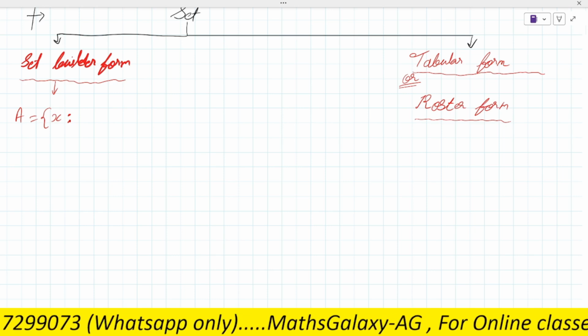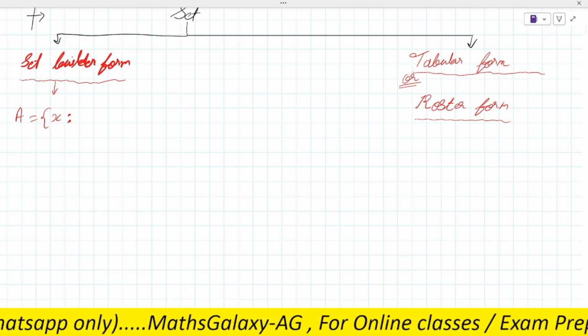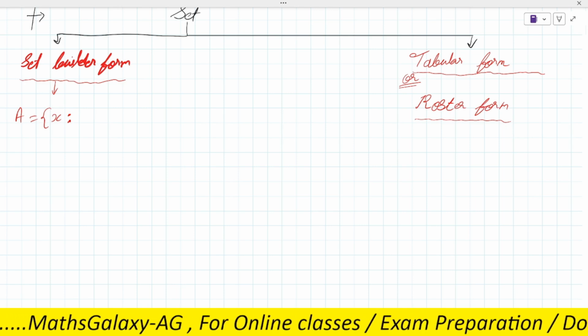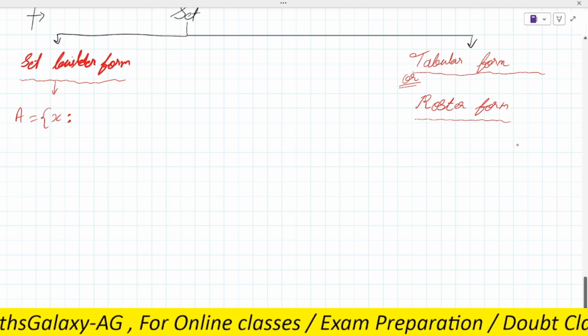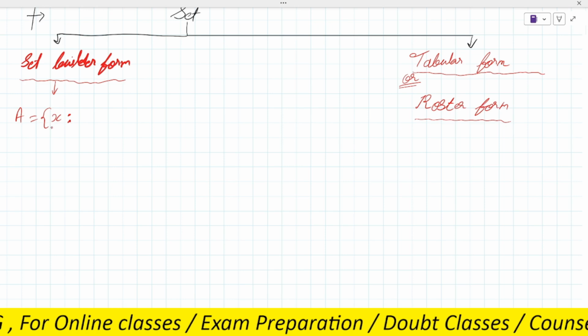After this class I will send a list of the symbols and their meanings. You have to note it down in your fair copy and just learn it. So x is an element of set A.